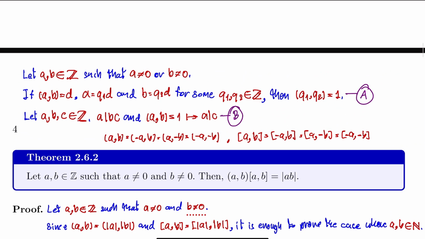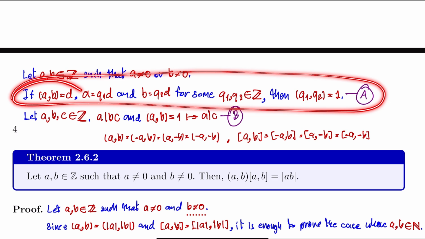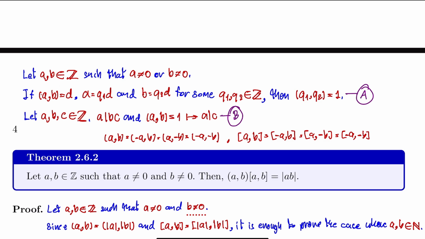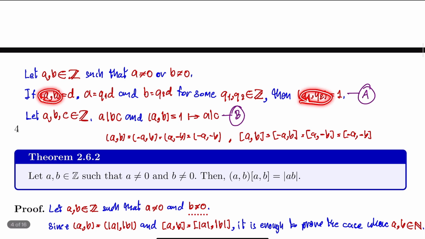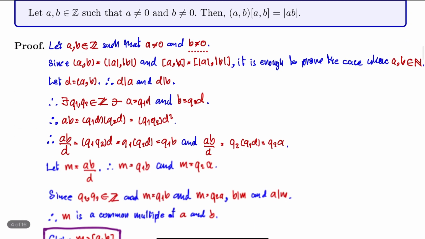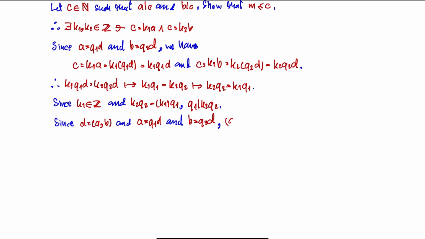Let's go back to the statement that I have proved in one of my videos. If the greatest common divisor of A and B is D, and A equals Q1 D and B equals Q2 D for some integers Q1 and Q2, that means that the quotients from dividing by the greatest common divisor have GCD of 1. So that means we have the greatest common divisor of Q1 and Q2 being 1 right here.